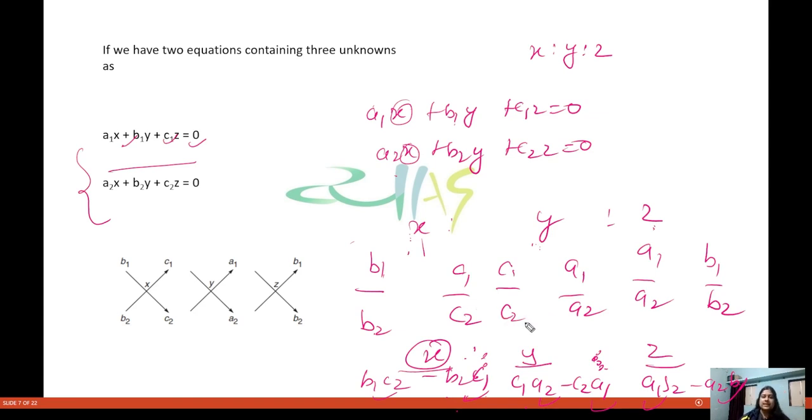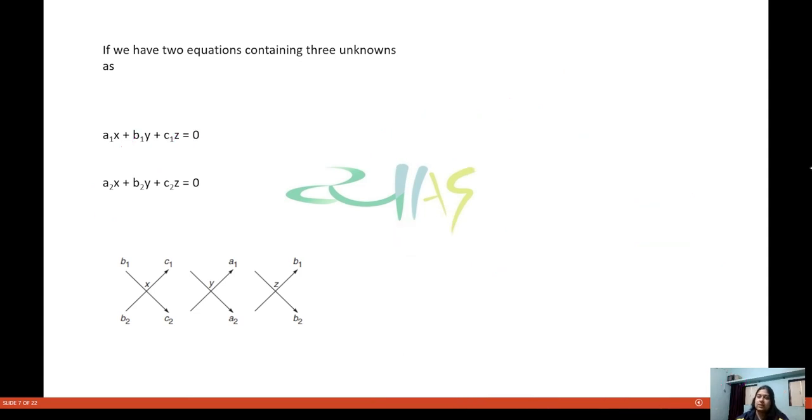So what we did here is write x, y, z in the form of a ratio, then write b1, b2 and c1, c2, then c1, c2 and a1, a2, then a1, a2 and b1, b2. I hope this is clear to everybody.